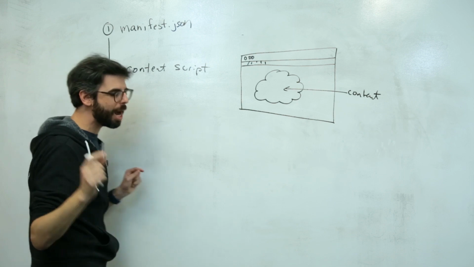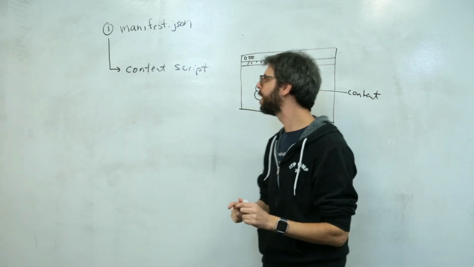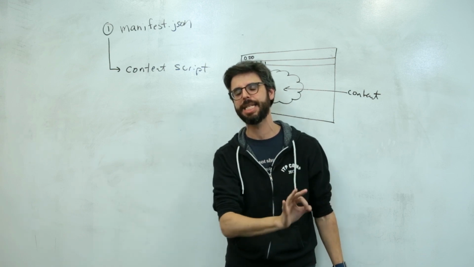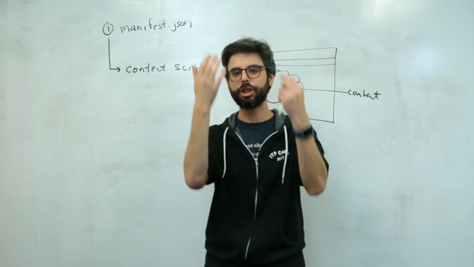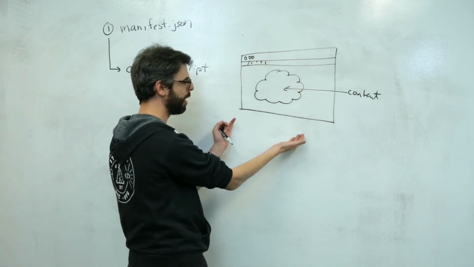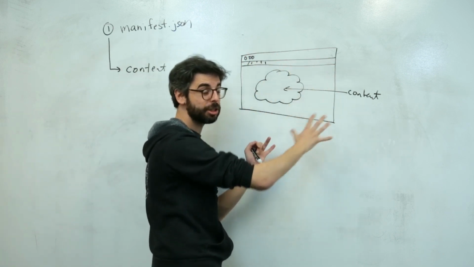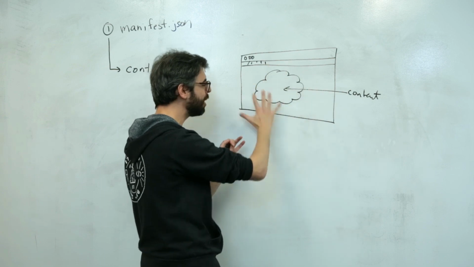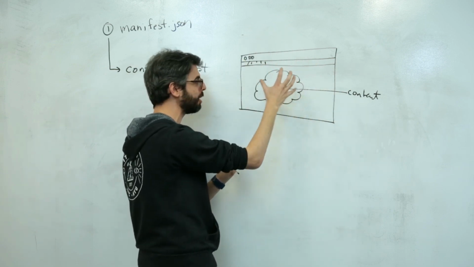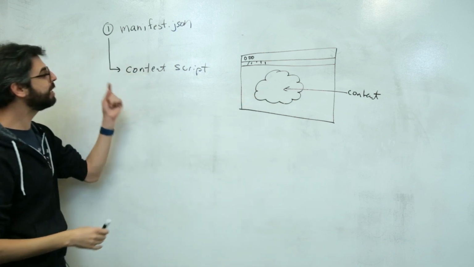If you watched my previous bookmarklet video, the content script is basically exactly the same thing that I did in the bookmarklet. It's JavaScript code that will execute when the page loads. And after the whole page is loaded and finished, you can manipulate and draw and do things and alter the behavior and content of the web page you're currently on. This is a very powerful thing.